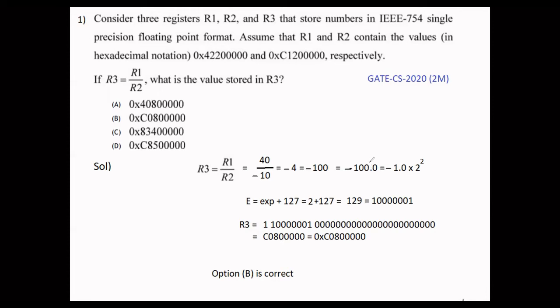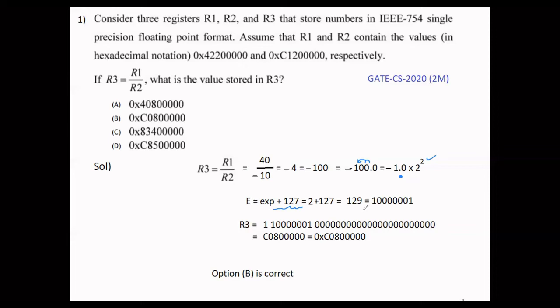You move this binary point to the left by 1 bit position and 2 bit positions. So the point came here: minus 1.0 into 2 power 2, since we shifted left 2 times. The biased exponent E equals the original exponent plus 127, that is 2 plus 127, equal to 129.